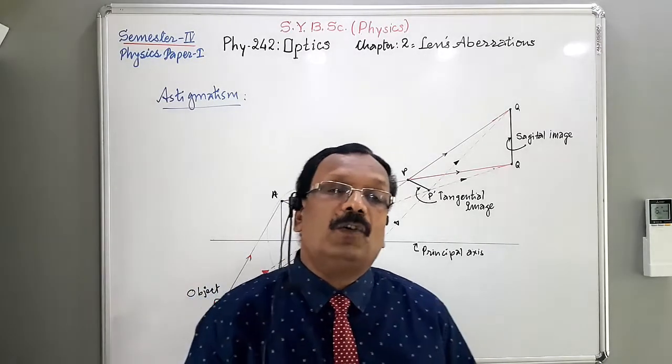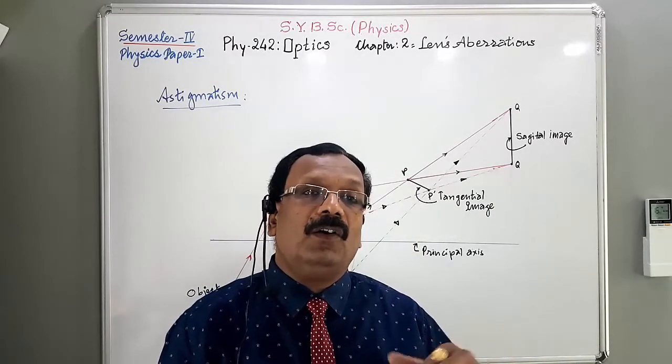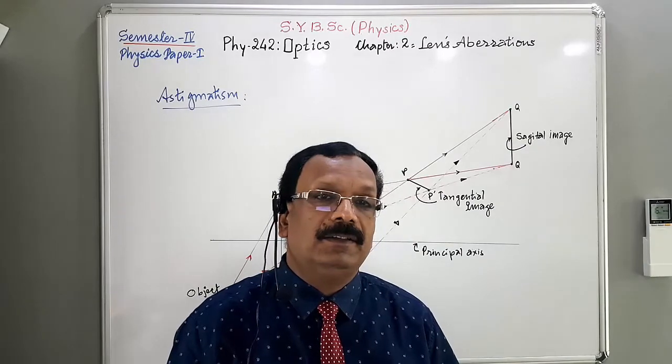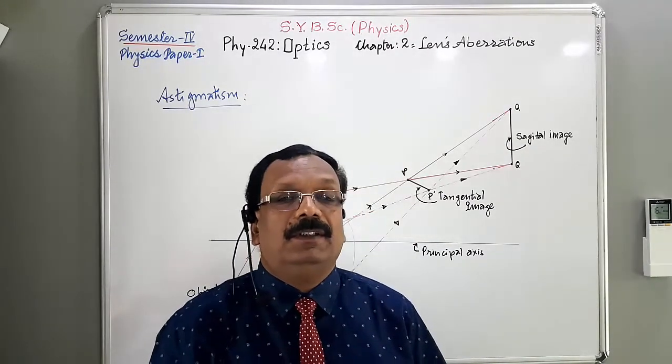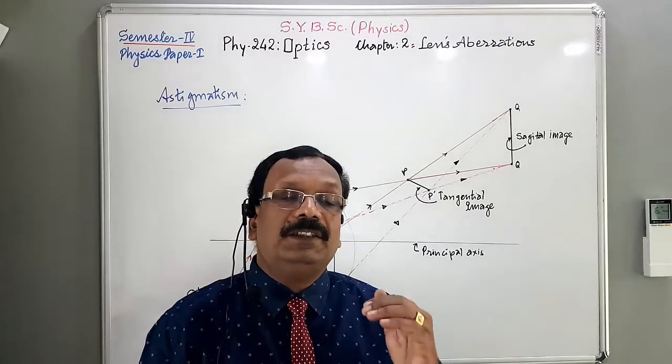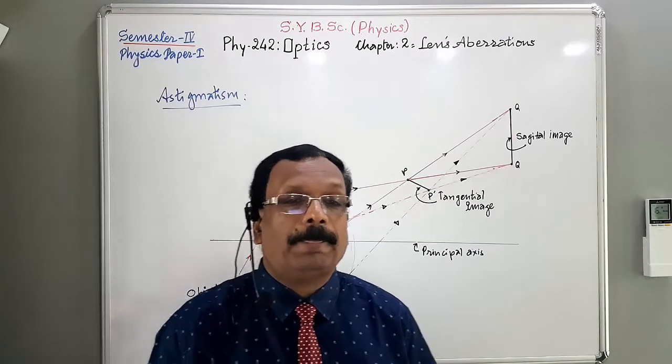In coma, the object is situated off the axis. And now in astigmatism, the point object is situated far off the axis. This is the difference between these three.